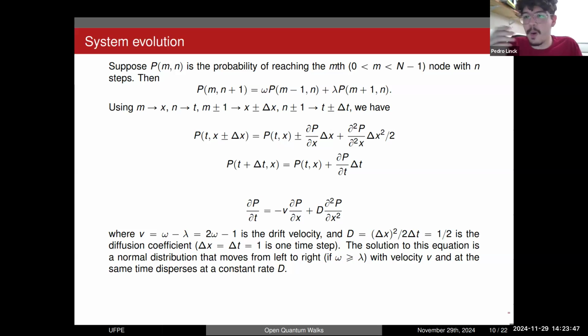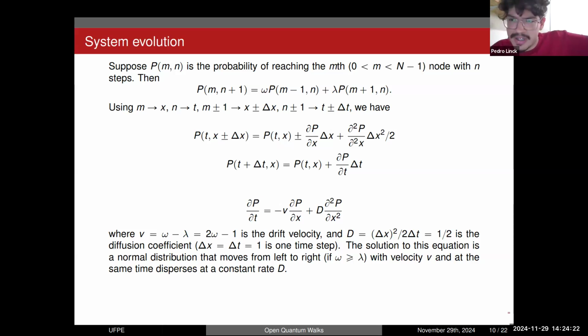So for example, if omega is 0.7 and lambda is 0.3, it's the same thing as saying you are being pushed 7 to the right and pulled 3 to the left. So the drift velocity is 4, okay? So the drift velocity is omega minus lambda, which is 2 omega minus 1. And this D is the diffusion, the dispersion coefficient that tells us how much your solution is dispersing.